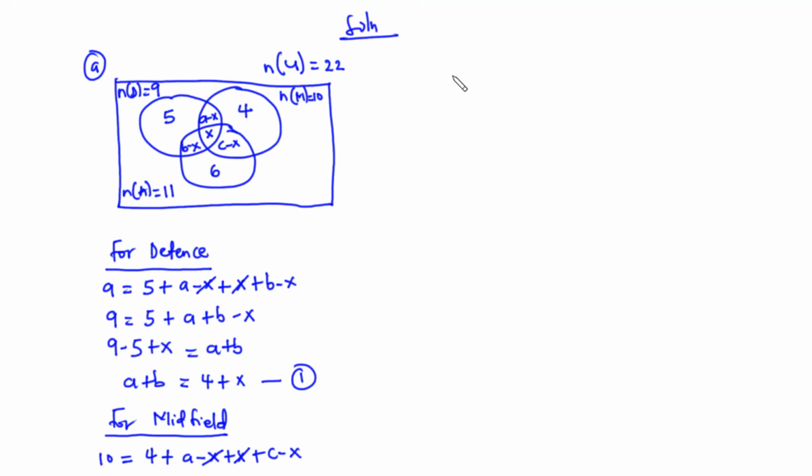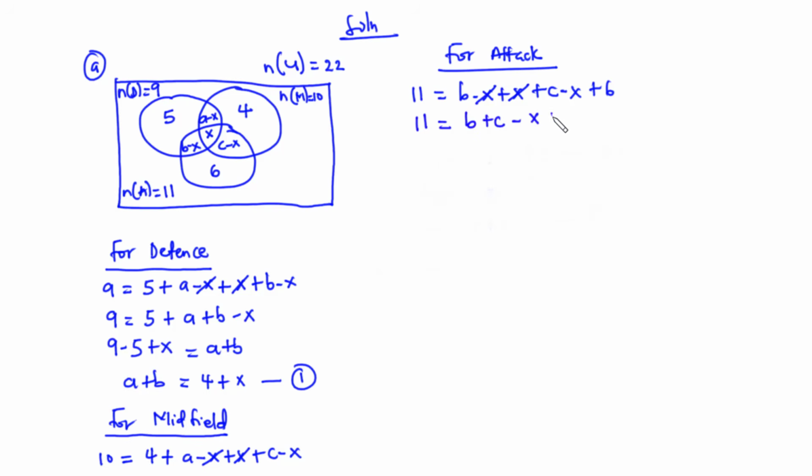Now let's consider attack. So for attack, we have 11 players playing that position. So 11 equals B minus X plus X plus C minus X plus 6. Negative X cancels out positive X, so that we are left with 11 equals B plus C minus X plus 6.